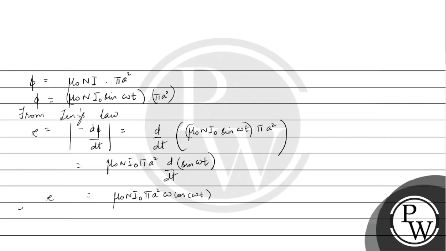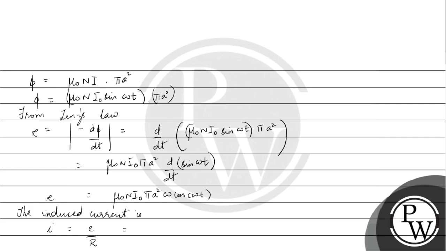So the induced current I is given by E by R, जहाँ पे E है induced EMF और R है the resistance.